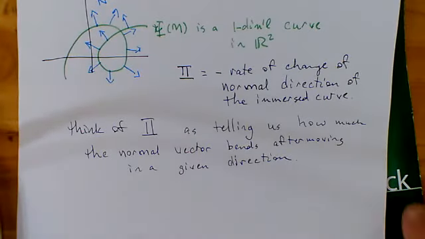And this notion of how much the normal bends is really the same thing as saying how much the surface bends, because the only way the normal can bend is if the tangent space bends at the same time. When the tangent space bends, that pulls the whole surface along with it.